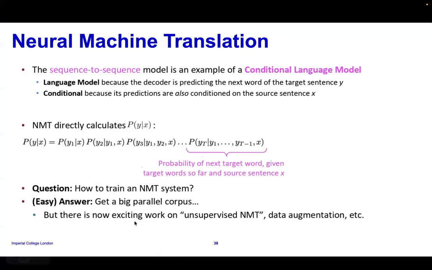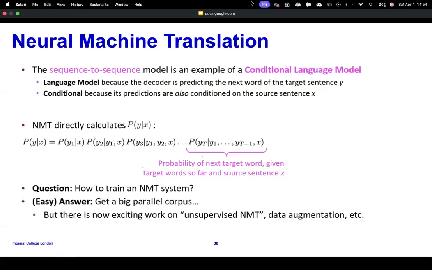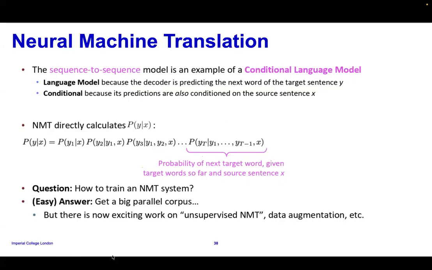Does anybody know what a parallel corpus is? If we talk about machine translation, we have something called a parallel corpus. Anybody can tell us what a parallel corpus is?